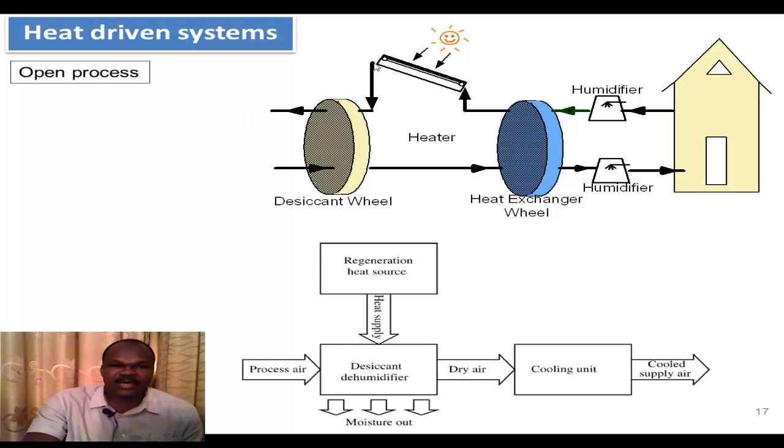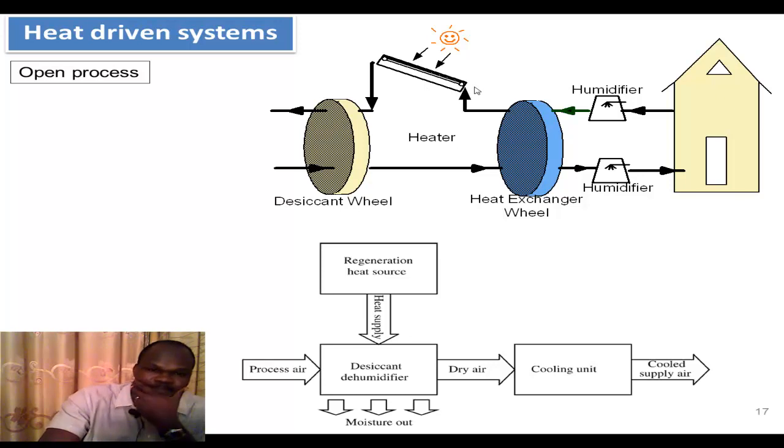You do that through heat, and the heat can be provided by the sun, solar heat. It could be provided by any other source of heat, but we are talking about solar cooling, so we don't go beyond that. The solar collector will provide the heat, but because this air is coming out warm and the heat exchanger has taken some heat away, it is going to preheat the returning air.